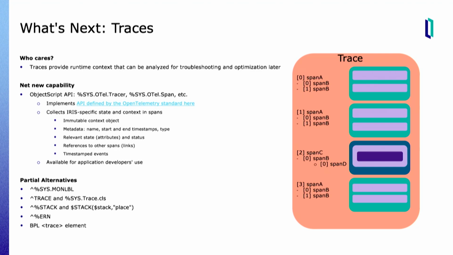So if you're someone who's used FHIR data, for instance, there's a lot of references between different entities. It's the same kind of idea, right? You've got a reference to a similar entity. It's in a link. And then you've got events. That's really very powerful as well, right? So you've gotten to a certain point in your code path, and there's an event that you want to log. Okay, I got to this point, right?